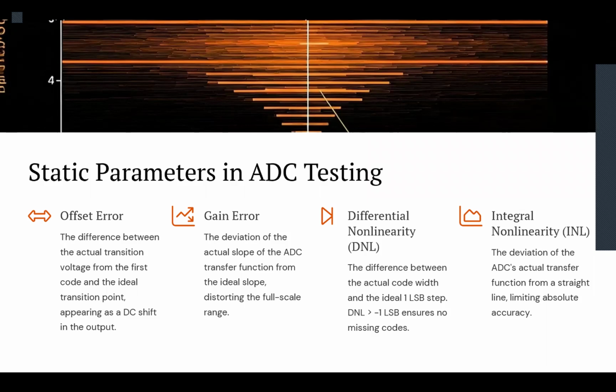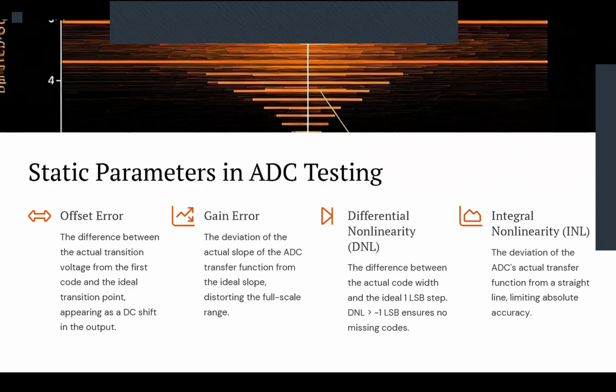So the curve of the transformation from the analog signal to the digital codes, if it shifts up or down, means we have an offset error. Even if the ADC is perfectly linear, a large offset misleads the transformation of the analog to digital codes.